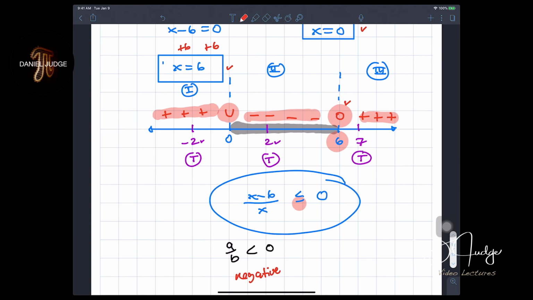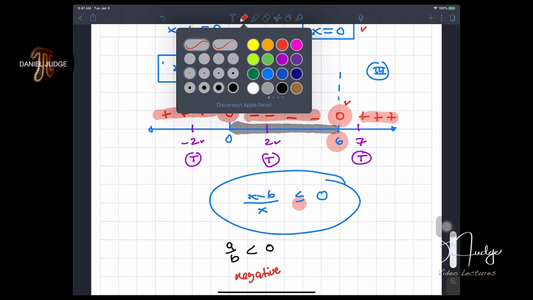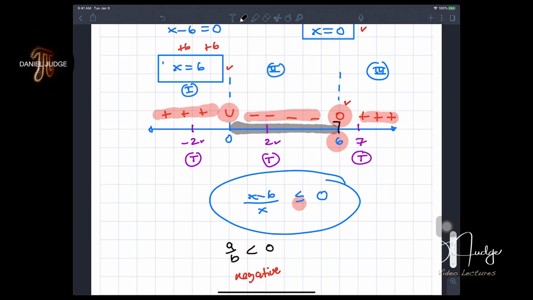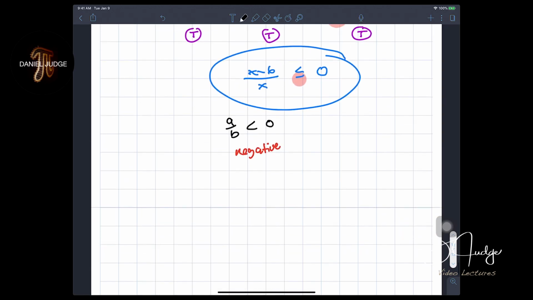Undefined is just that: not defined. So when you graph here, you're going to include 6, but you're not going to include 0, because when it's 0, the fraction's undefined. Undefined means not defined. So the answer here is everything between 0 and 6.